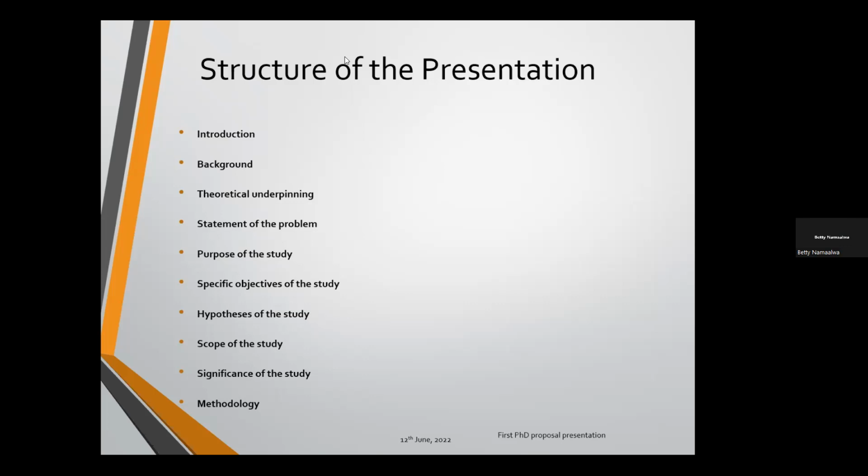It is somehow confusing because it is hard to tell which one is even the dependent variable. Also, the indicators of these variables are not yet brought out very well. So the conceptual framework is somehow confusing. Thank you so much.